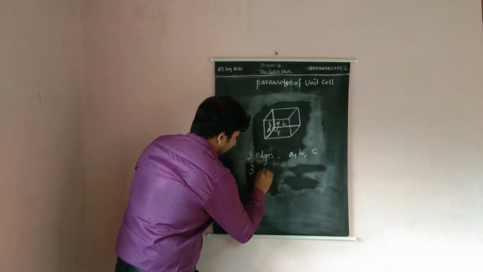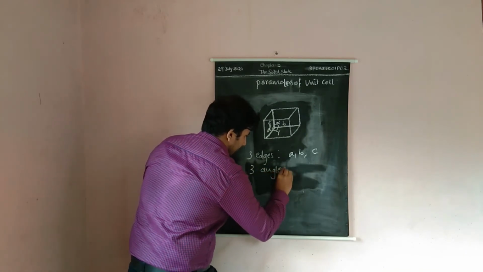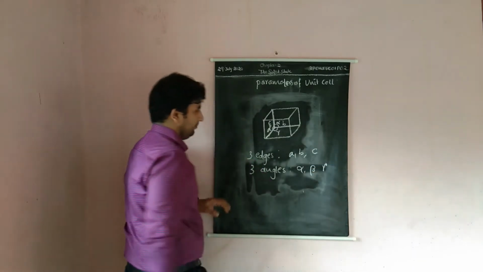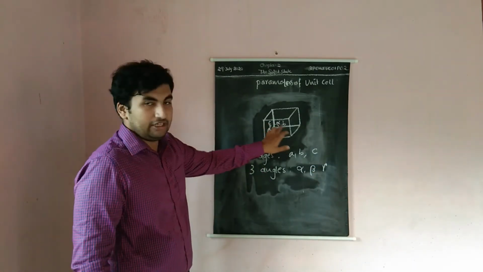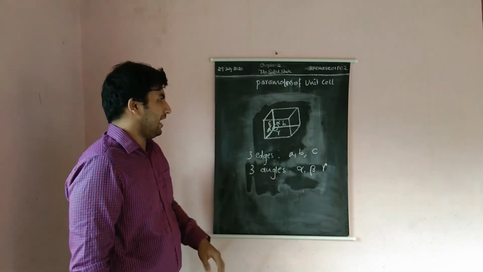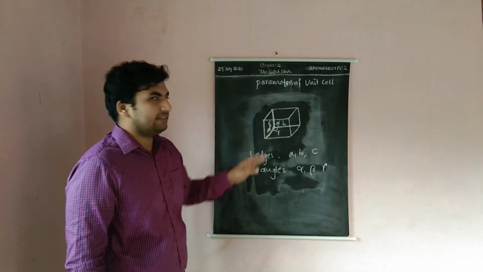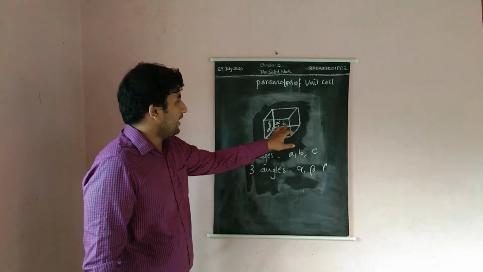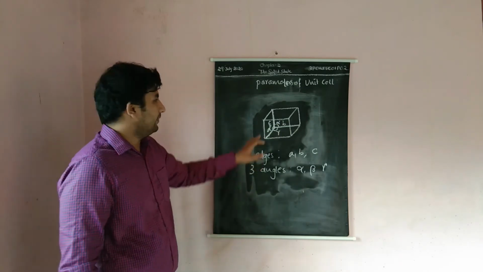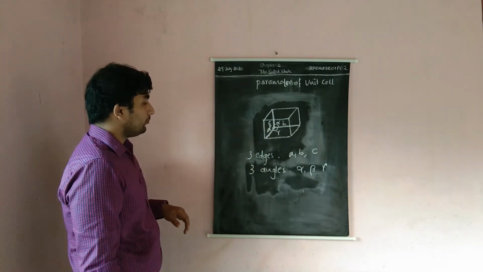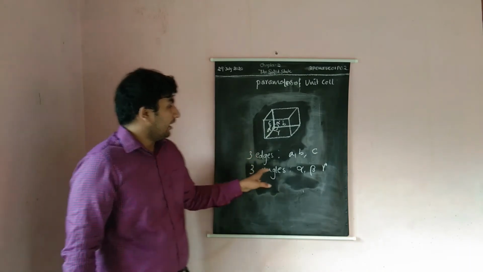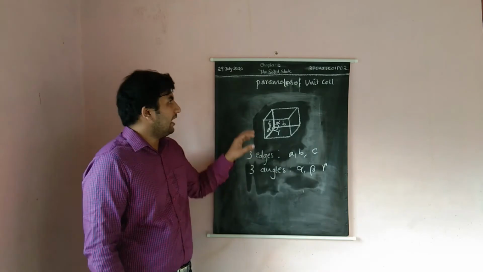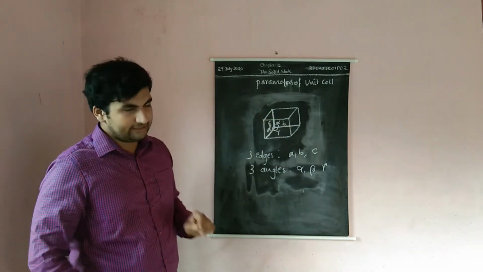So 3 angles: alpha, beta and gamma. Between edges C and B, alpha. Between A and C, beta. Between edges B and A, gamma. These 3 angles and 3 edges make a total of 6 parameters present in the unit cell.